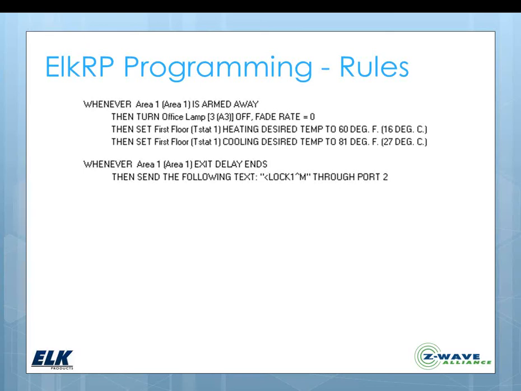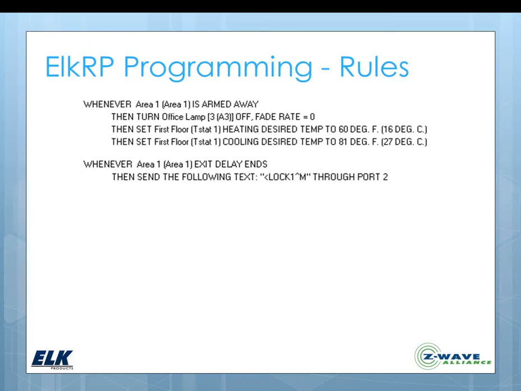Now one thing that I will point out here with the lock commands: in the then statement it says then send the following text, and this is where those text strings that we set up come into play. So we're sending out a command to lock number 1. We're sending that through port 2. Now in this example, as I was showing you on the picture earlier where I was pointing out the different parts of that interface, I showed you where you could set the address and that it was a serial expander device and how you needed to make sure not to duplicate addresses.